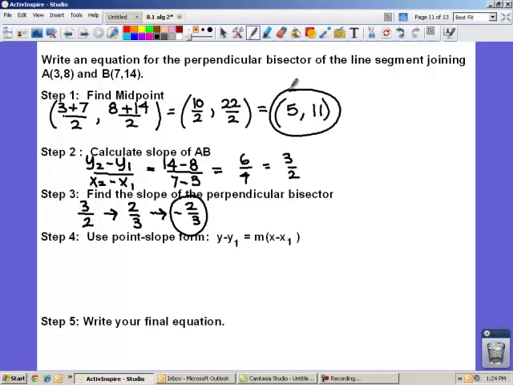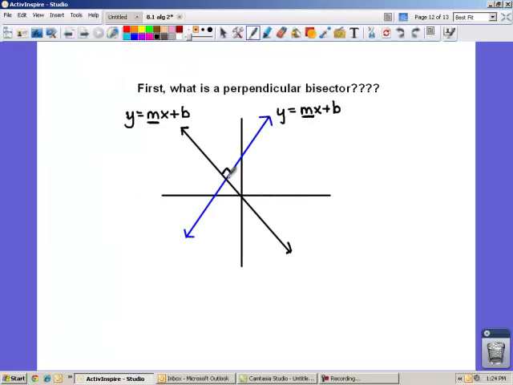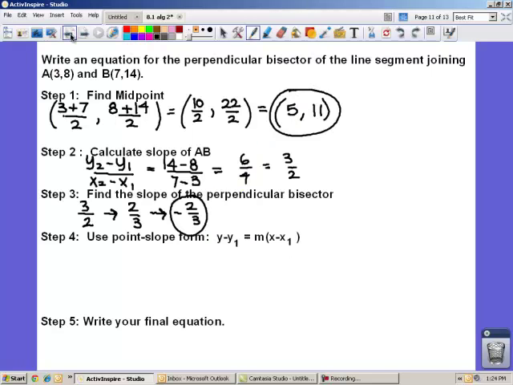Because this is the midpoint, which would be this point right here, and we know the slope.